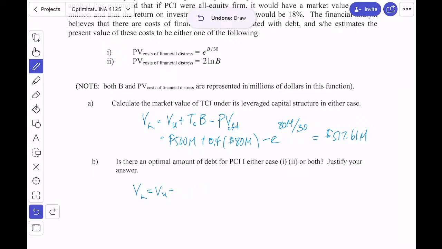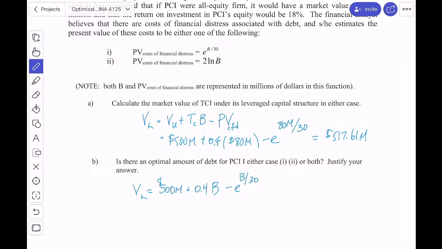I'm going to take the equation 500, because that doesn't change, right? And then the cost will change because I'm changing debt, so that's a B. And then this will be B over 30. So that's the equation that I need to optimize. That's the value of the firm.